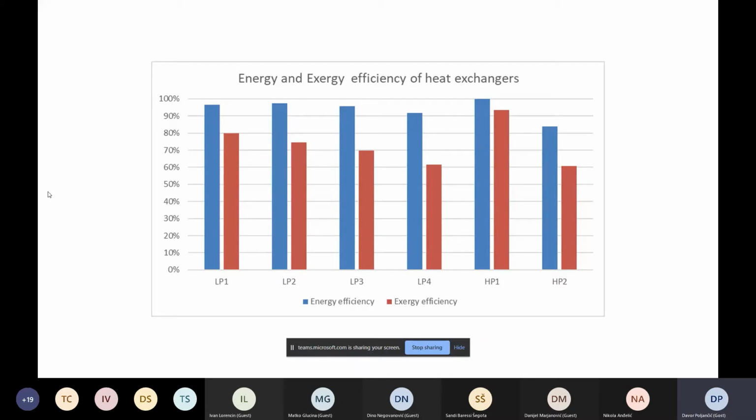Now for the other components in the plant. Another important component in the power plant is the condenser. The condenser has a relatively high energy efficiency of 94%, but its energy losses are very high and equal to 128.76 megawatts, which is normal for this component.